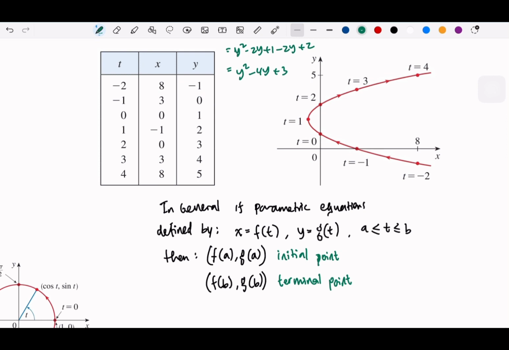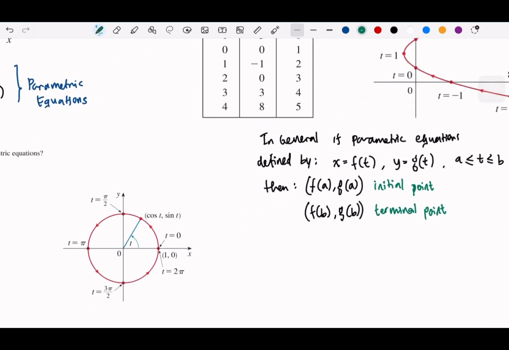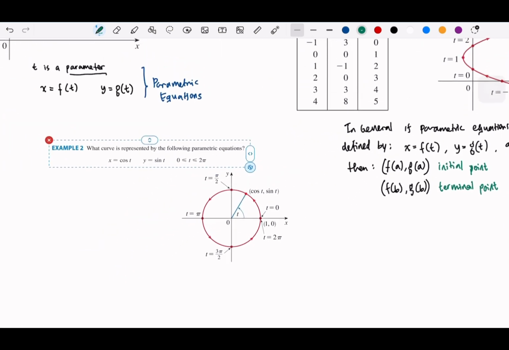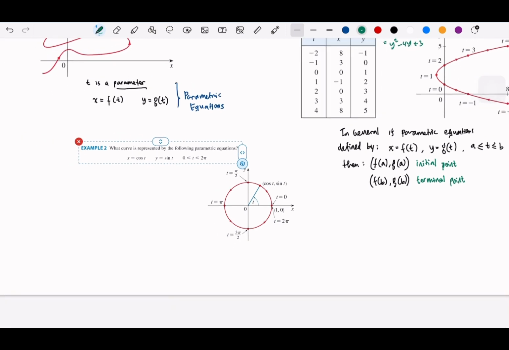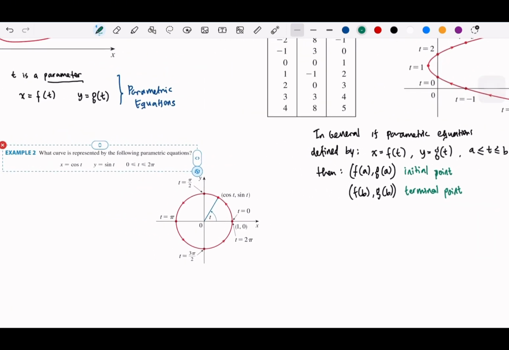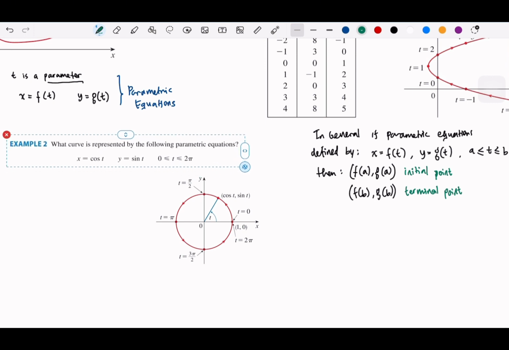So what are the differences between what we had before in calculus 1 and when we include the parameter t? Maybe before we go to the calculus part, let's see this part here.